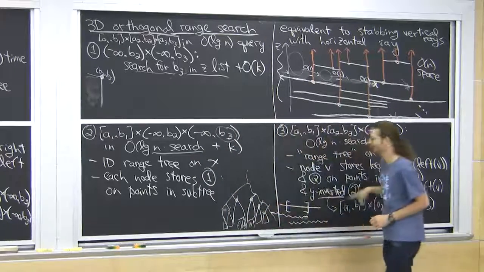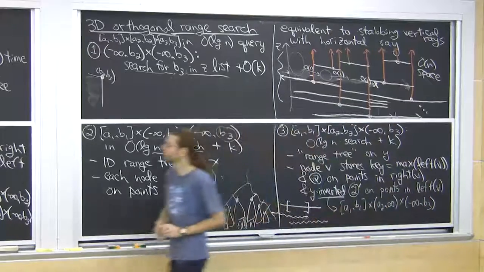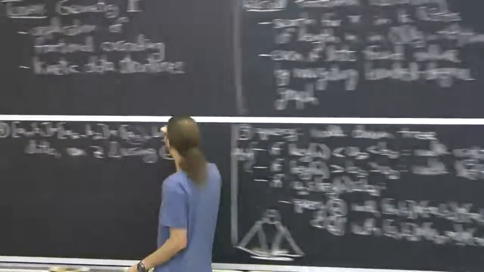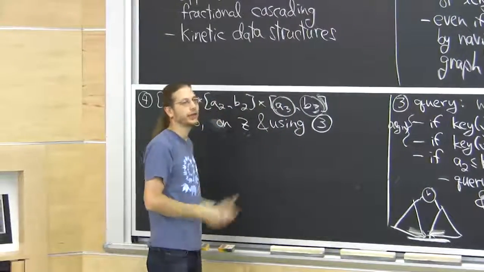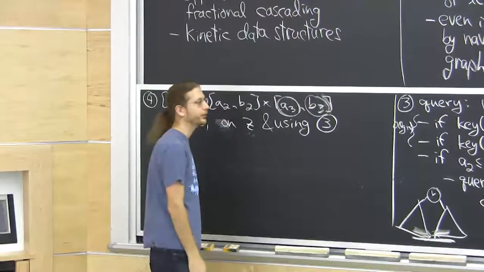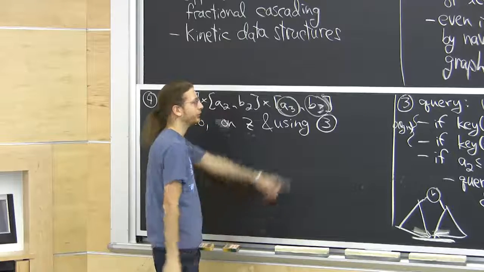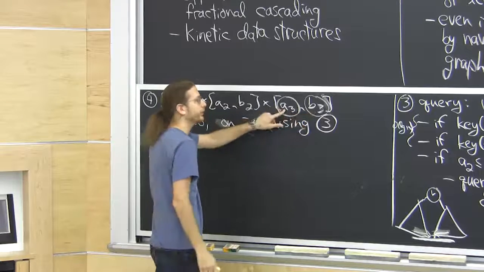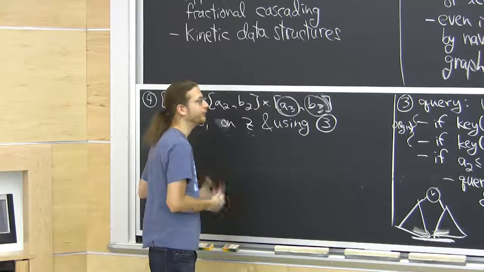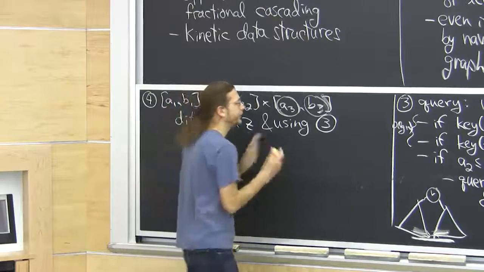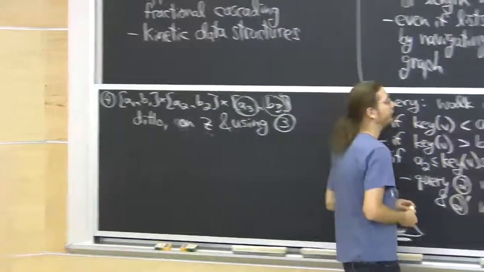Because of this inversion thing, we'll sometimes be searching for B3 in the Z list, but we'll also sometimes be searching for A3 in the Z list. But hey, just a factor of 2. So we have 2 fractional cascading data structures, one for searching for B3, one for searching for A3. It's the inverted versions of 1 and the uninverted versions of 1, Z inverted. But that's fine.